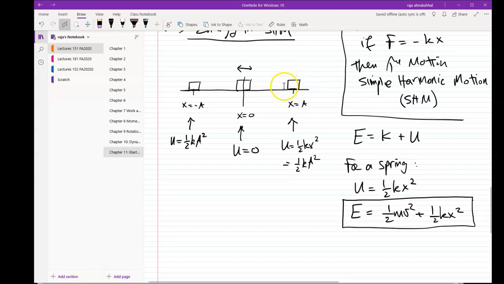Well, it's going to go back this way, and while it is going back, the displacement is decreasing. This value of x is decreasing until it becomes 0 here. In other words, at this stage, remember, it's going to go all the way to x equals minus a. But right at this moment, if I would stop the film from running, what's happening is that it has reached a maximum velocity here because all the potential energy has gone to 0, because the displacement is 0 here.